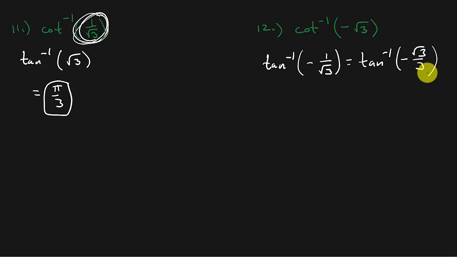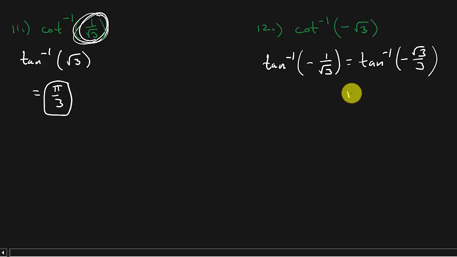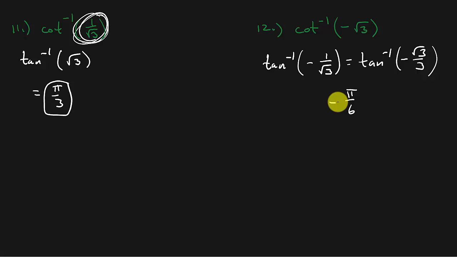So what you might think here is the tangent of what is square root of 3 over 3? 30 degrees, which is pi over 6. If you're taking notes, don't write this down just yet. And so you might think, well, that's negative pi over 6. And if you do that, you would be wrong.